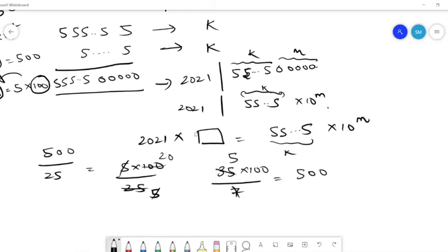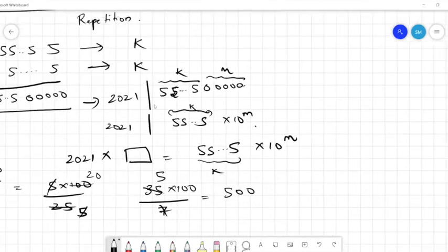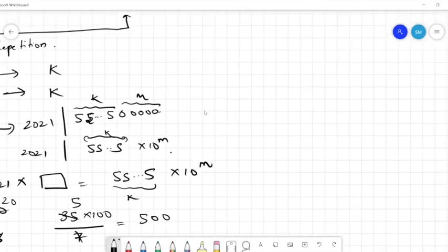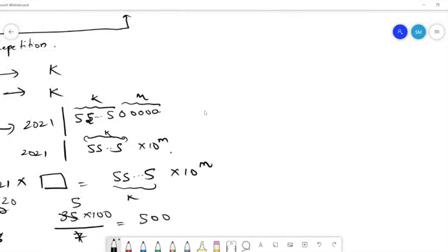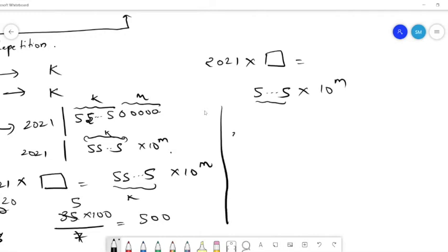Exactly. So as you said, looking into the prime factors will always help. Here we have 2021 into something is equal to 555 into 10 power m, and this 10 power m can be written as 2 power m into 5 power m.